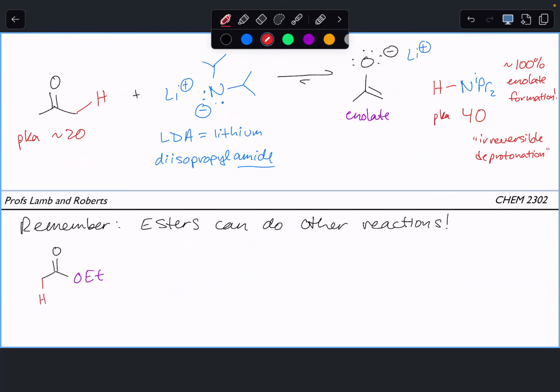okay, we're still talking about the red proton. If we were to mix this with sodium hydroxide, you might want it, desired, to form the enolate.